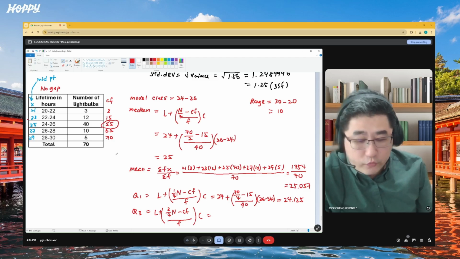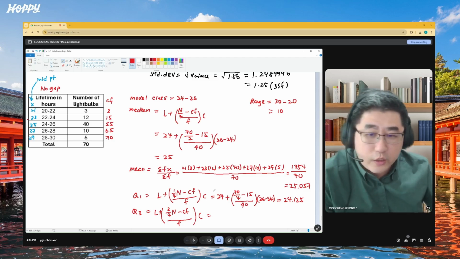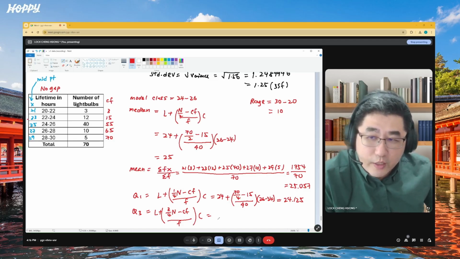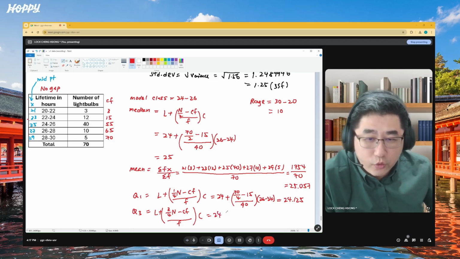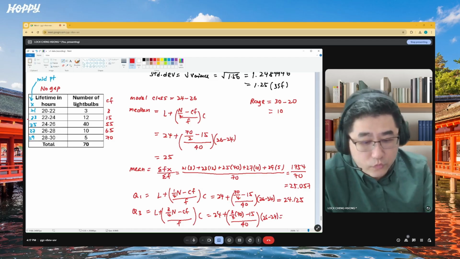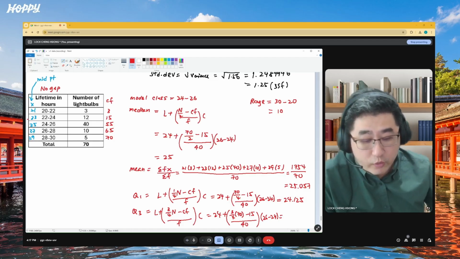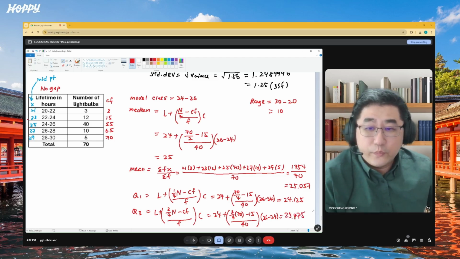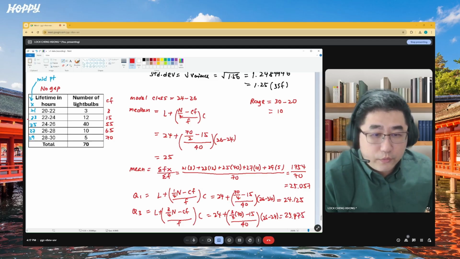So I'm going to calculate using the same class: 24 plus 3 over 4 of 70 minus 15, over 40, times 26 minus 24. So minus 15 divided by 40 times 2 plus 24, I will have 25.875.